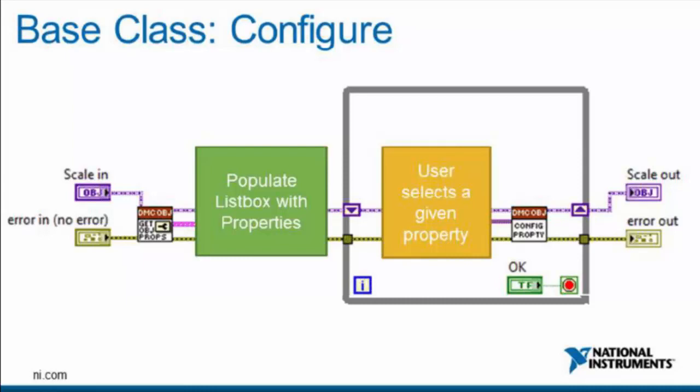Basically, in our case, this cluster was kind of just metadata. It was really the high-level property name, description, and value that needs to be provided by the child class. So just enough to display to the user what the properties are and what their current values are. So then the user can just select properties, configure them, and in the end, when someone clicks OK on this general purpose dialog, you would have the updated class object be wired out with the user configured class data.